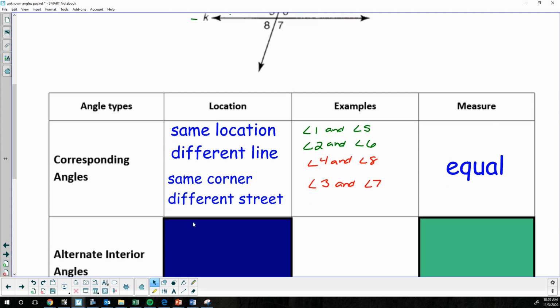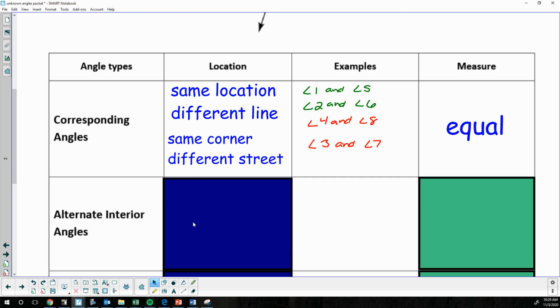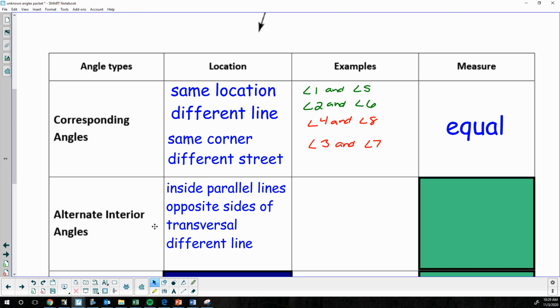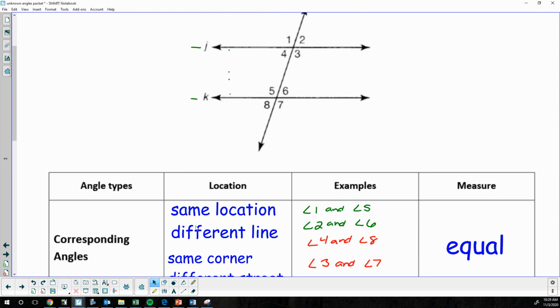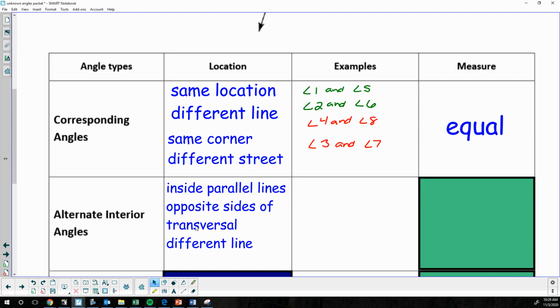The next type of angle is called alternate interior angles. What alternate interior angles mean is that both angles have to be inside the pair of parallel lines, so they have to be below line J and above line K. They're also on opposite sides of the transversal, and one on each line.